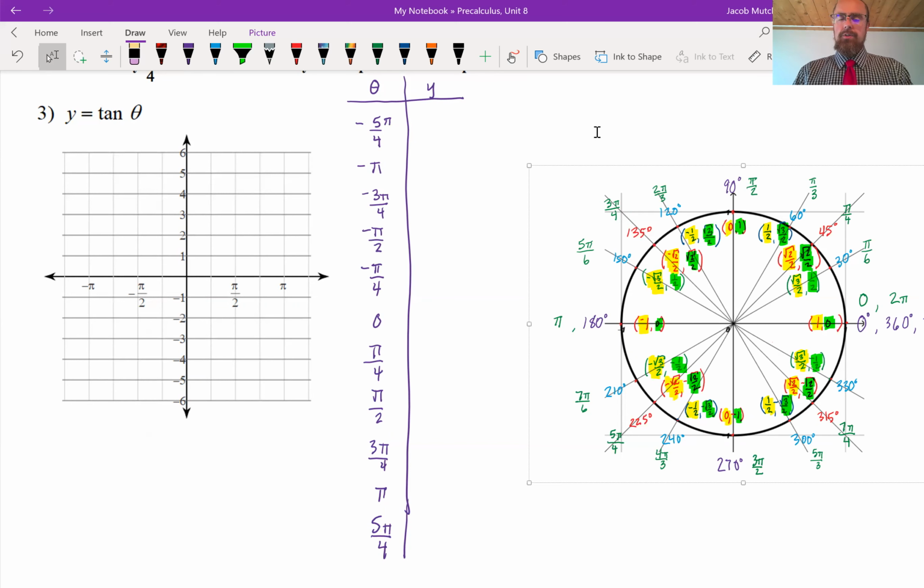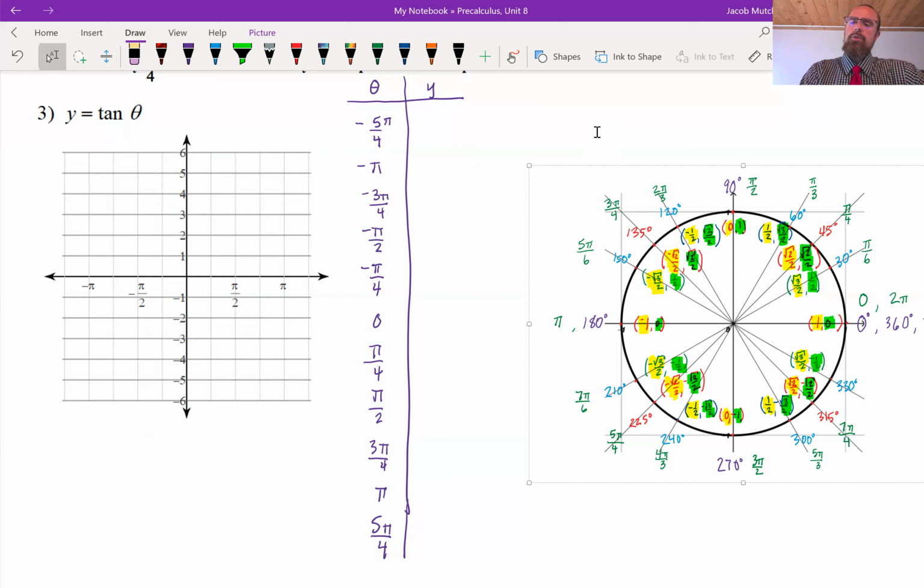So to find tangent, the traditional way is to take the green and divide it by the yellow, which is how we define tangent. Tangent is opposite over adjacent. So on the unit circle, opposite is going to be the vertical component, the y, divided by the horizontal, which is our adjacent.